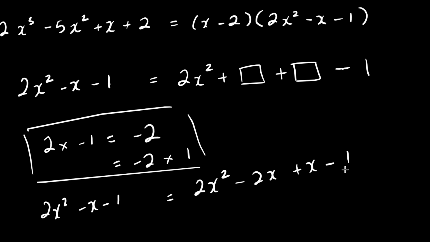And in that way, I haven't changed the value of my quadratic, because these 2 terms sum to negative x, right? But I can now factor by grouping, and it doesn't matter which one of these 2 terms I put first, because the terms both have something in common with the coefficient here and the constant here, right?